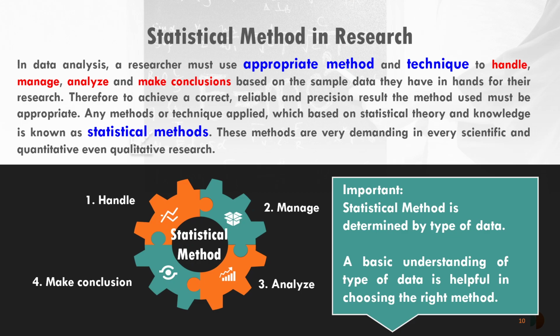We will have a very specific discussion about statistical methods in research, because before we choose a correct statistical method, we need to understand the type of our data so that an appropriate method and technique can be implemented.